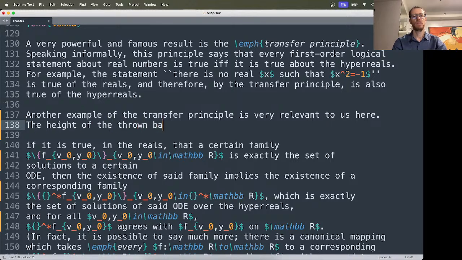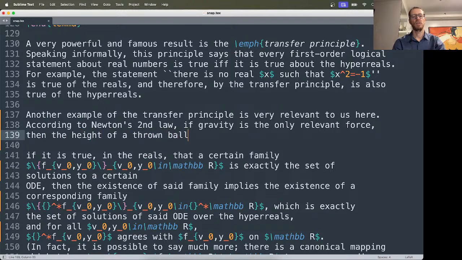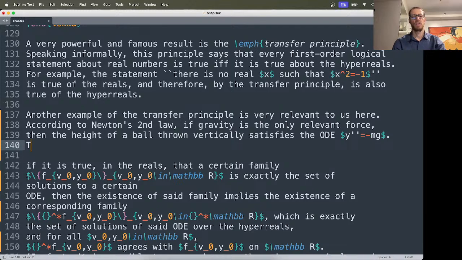the height of a ball governed by, according to Newton's second law, if gravity is the only relevant force, then the height of a ball thrown vertically satisfies the ODE y'' = -mg.